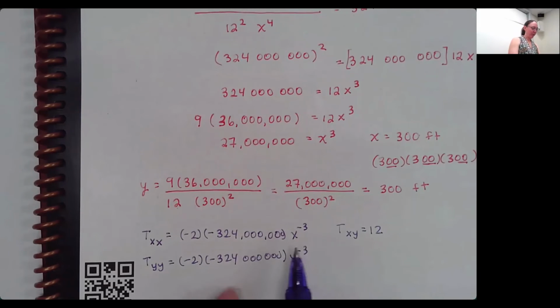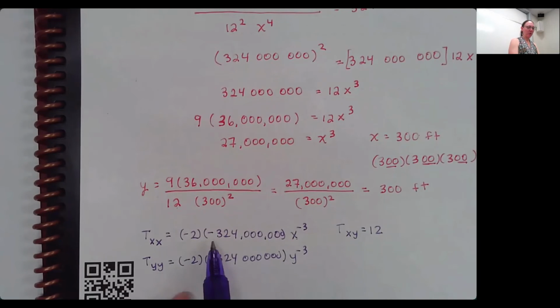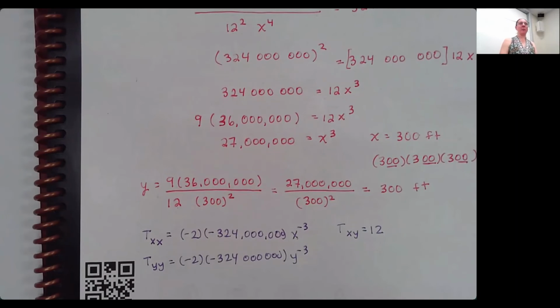So when I plug in 300 for X and 300 for Y, the overall value here is going to be positive, and both of these are concave up, which means I must have been at a minimum.